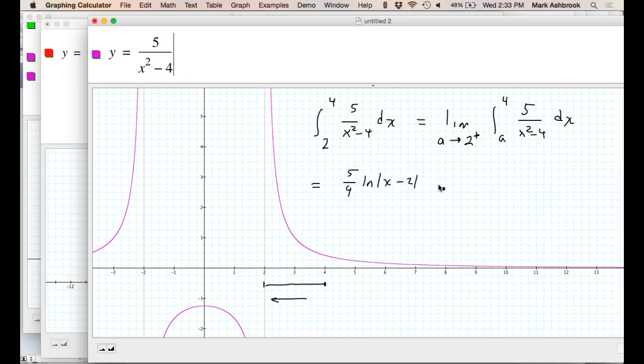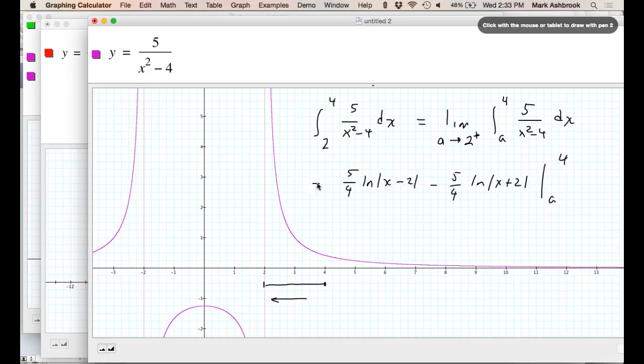Minus. Minus. Thanks. And so we're going to take that from a to 4, and I forgot the limit already. It's the limit as a approaches 2 from the right.